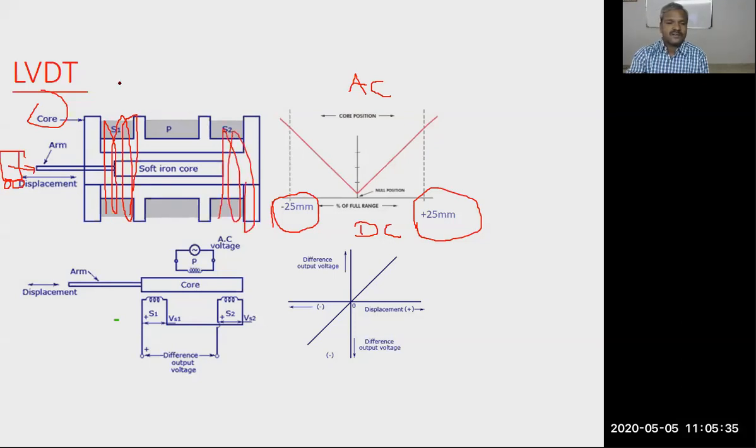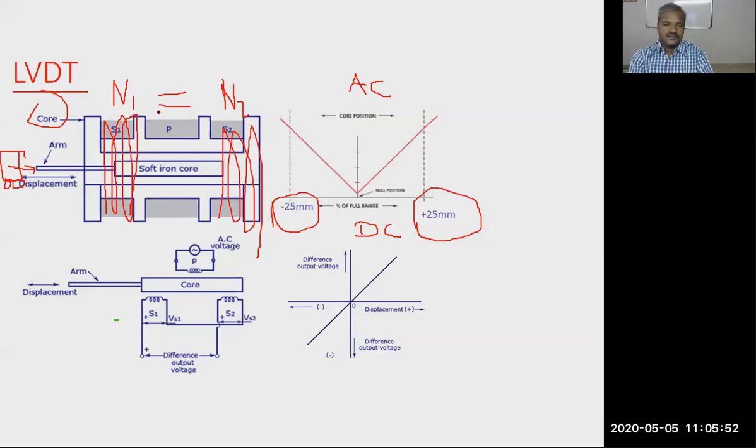Let N1 be the number of turns in secondary coil 1 and N2 the number of turns in secondary coil 2. The important design consideration is that N1 and N2 should be equal.